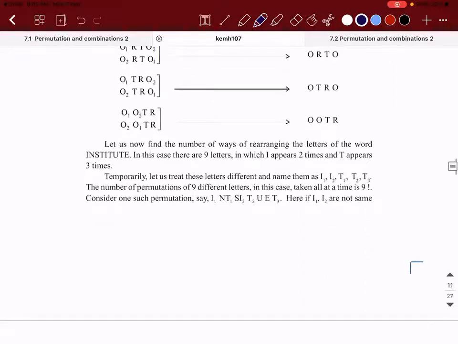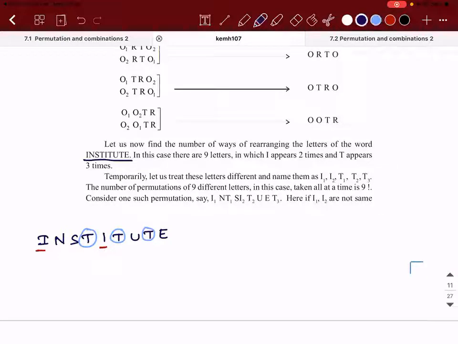See, for example, if I have to rearrange the letters of the word INSTITUTE, let me underline. I is getting repeated twice. T is getting repeated thrice. That's it.